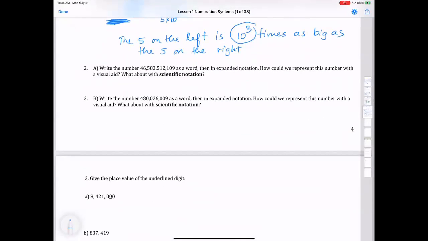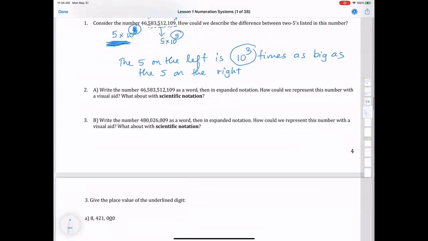Write the number 46583512109 in words, then in expanded notation. How could we represent this number with a visual aid? What about with scientific notation? So let's start with the first part. It says in words. So this is ones, thousands, millions. This is billion. So that's 46 billion.